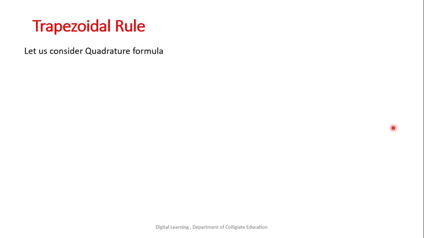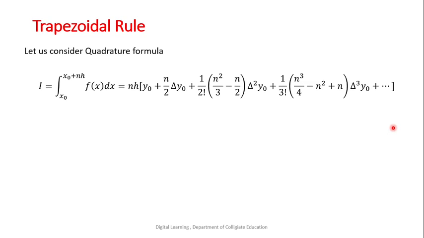Let us consider the quadrature formula. The quadrature formula is given as integral from x0 to x0 plus nh of f of x dx is equal to n h times y0 plus n by 2 delta y0 plus 1 by 2 factorial (n square by 3 minus n by 2) delta square y0 plus 1 by 3 factorial (n cube by 4 minus n square plus n) delta cube y0.